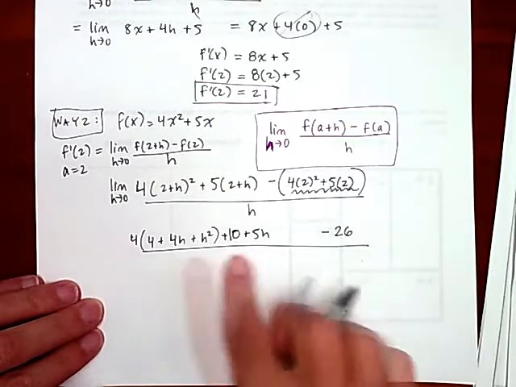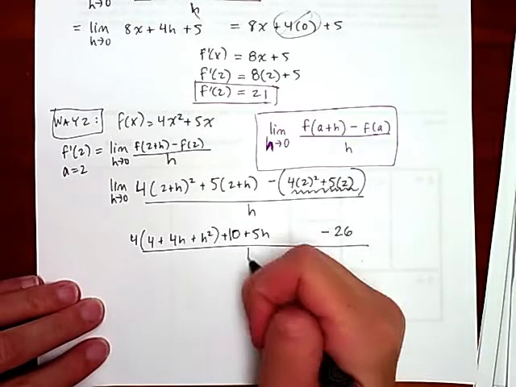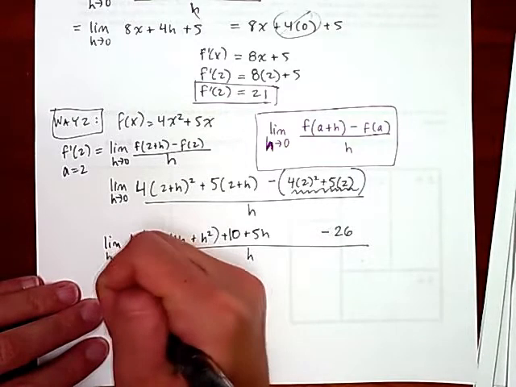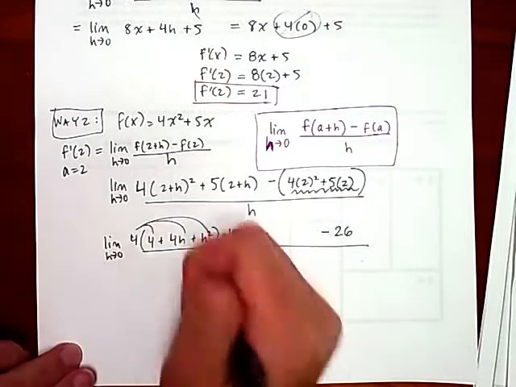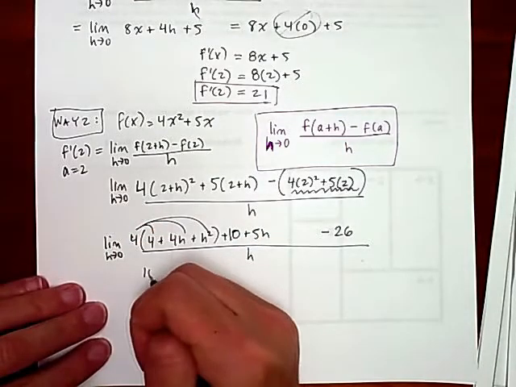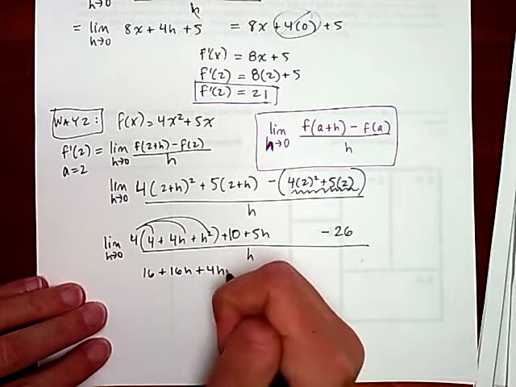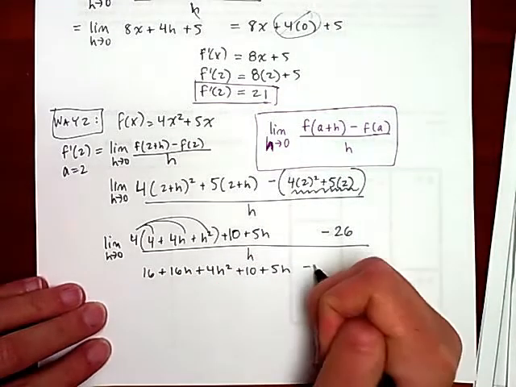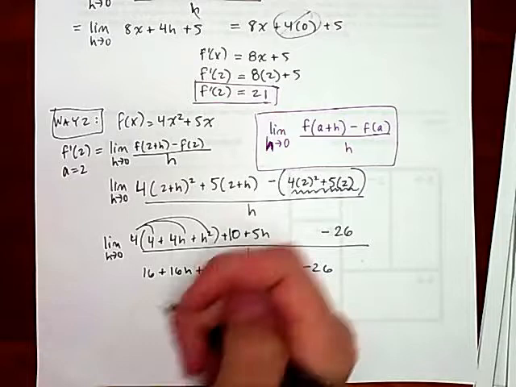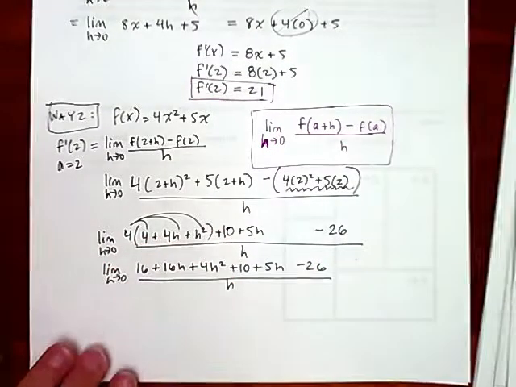And then, well, I didn't quite space it out that nice, but all of that minus the 26 over there and h on the bottom, limit out front. Okay. So from here, now I'm going to distribute that 4 in. I get 16 plus 16h plus 4h squared plus 10 plus 5h minus 26 all over h. Limit as h goes to 0.